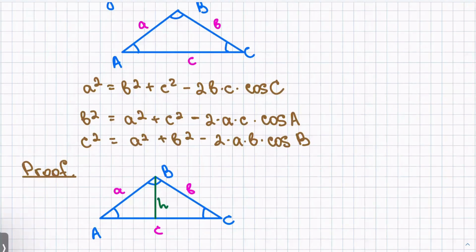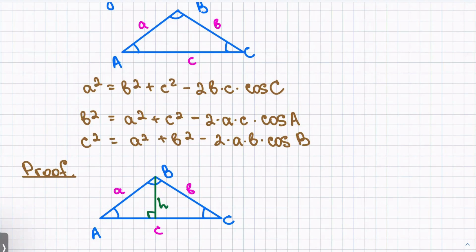As I told you, you can draw for the other two cases. You have to be able to prove all three formulas, but now I'll be proving just one of them. So I just draw one option of this height h from the vertex B to the side c.